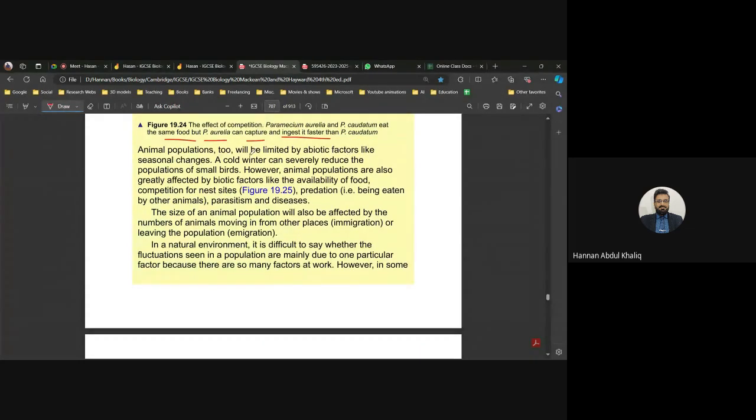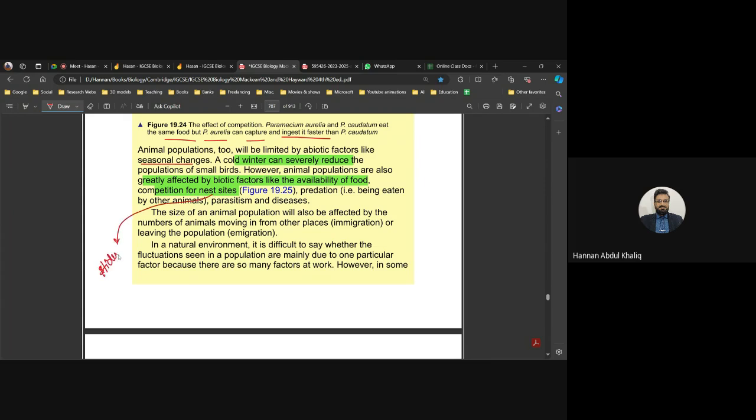Then animal populations can be affected by seasonal changes. A cold winter can severely reduce them. Animal populations are also greatly affected by biotic factors like availability of food and competition for nesting sites, which is very important. Nesting sites would also define the hiding places.